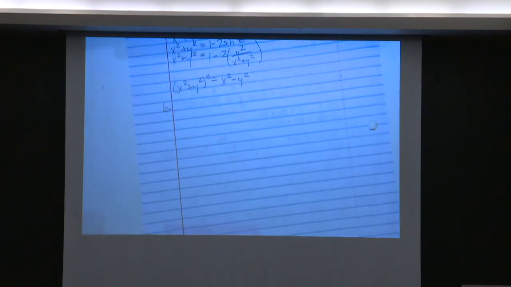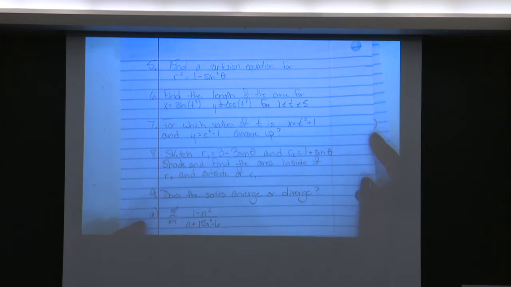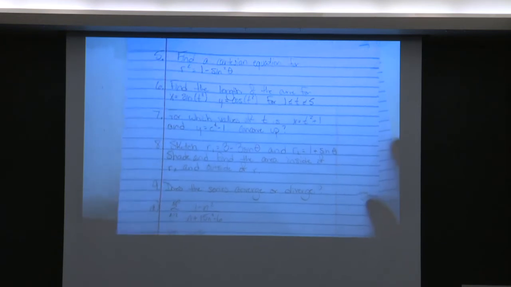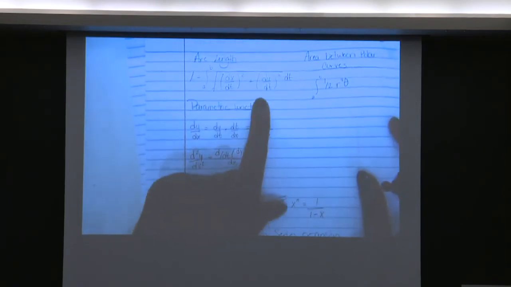All right, so number 6. It says, find the length of the curve for x equals sine t squared, y equals cosine t squared for t from 1 to 5. Using the cheat sheet, again, arc length. This is our equation.